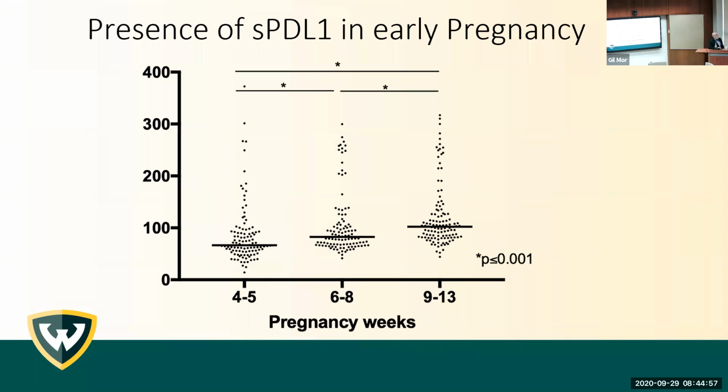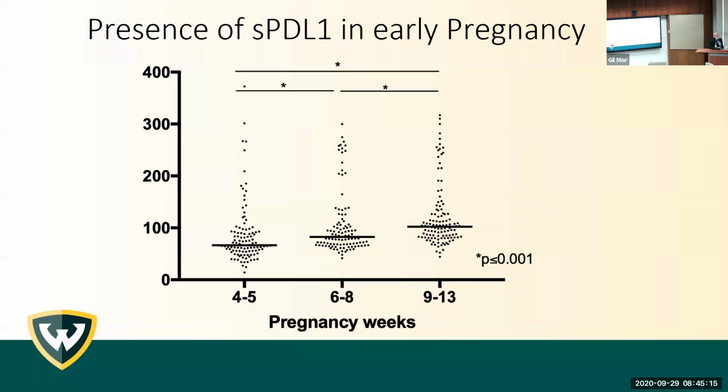And indeed, what we found is that PD-L1 already between 4 and 5 weeks of pregnancy is detectable in high levels in the peripheral blood of the mother, and it continues increasing during the first trimester of the pregnancy.